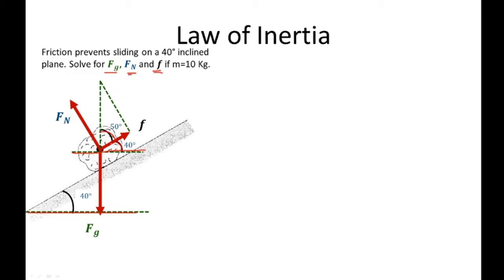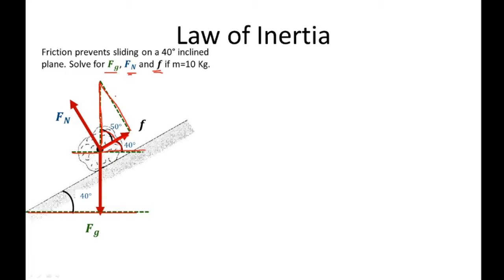So if you look here, this green line is the mirror of our force of gravity. And we were able to create a right triangle among friction force, the force of gravity mirror image, or just the same as the force of gravity, and a line parallel to the normal force, which is just equal in magnitude to the normal force.